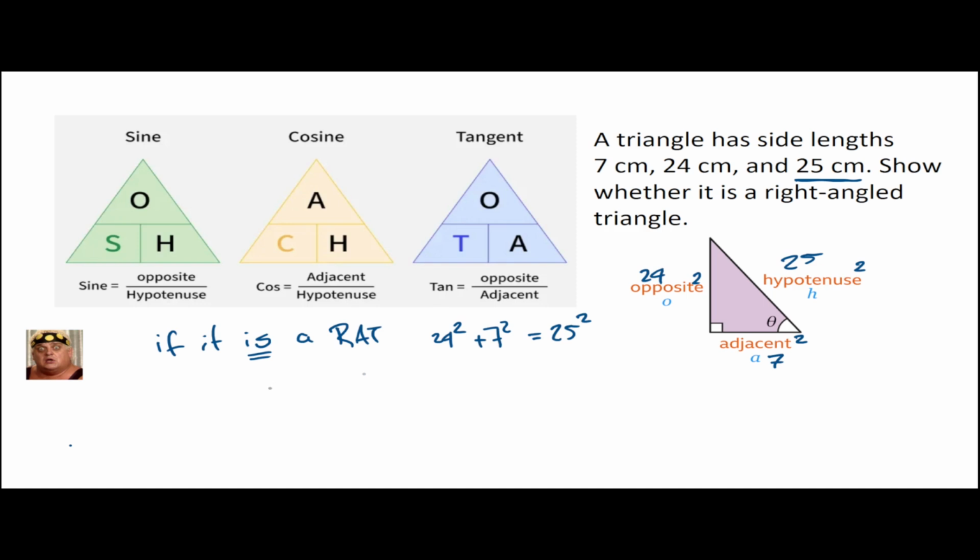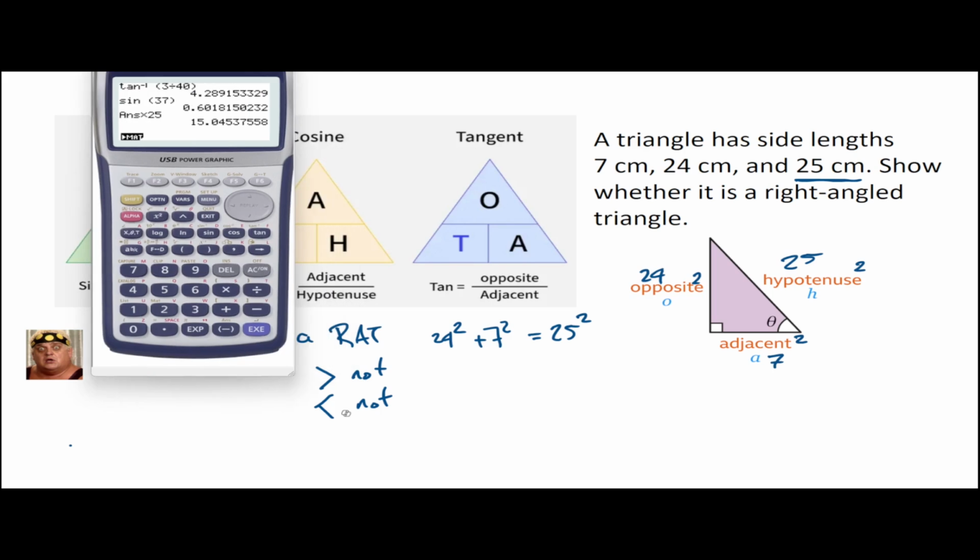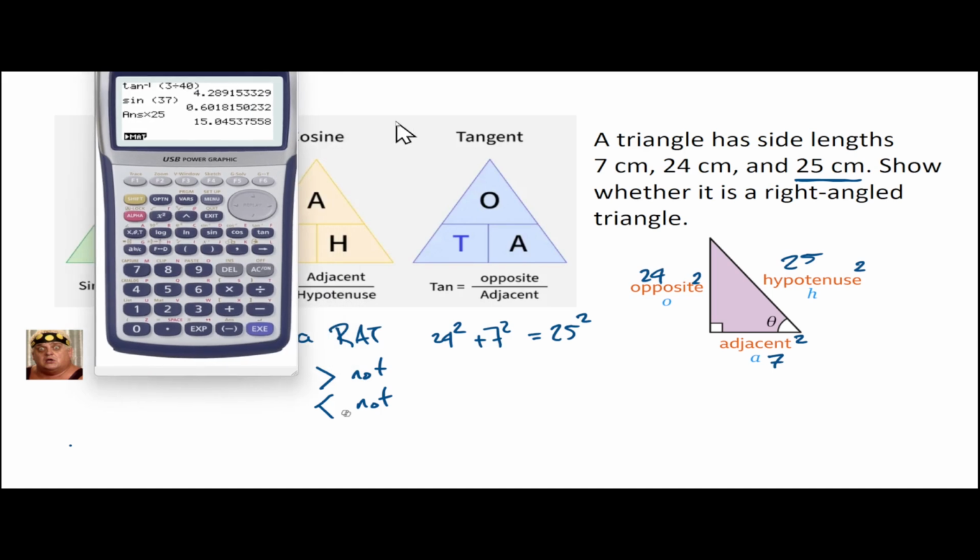And your alarm bell should be ringing. Obviously, if it is greater than 25 squared, it's not. If it's less than 25 squared, it's also not. So let's work it out. Let's work out the left hand side and then work out the right hand side.